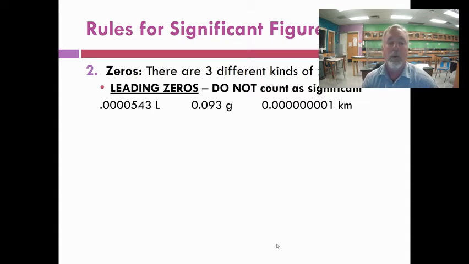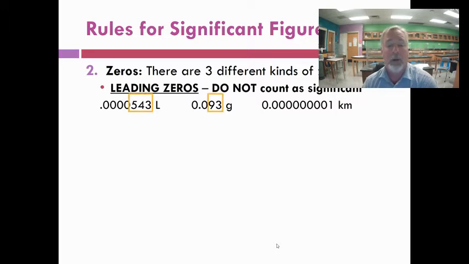Easy enough rule, hopefully. If it's a leading zero, not significant. So when we look at this 0.0000543, even though there are 7 digits there, those first 4 are zeros. They're not significant. We only have 3 significant figures here. Our second number, 0.093, again, these are leading zeros. They do not count as significant. There are only 2 significant figures here.